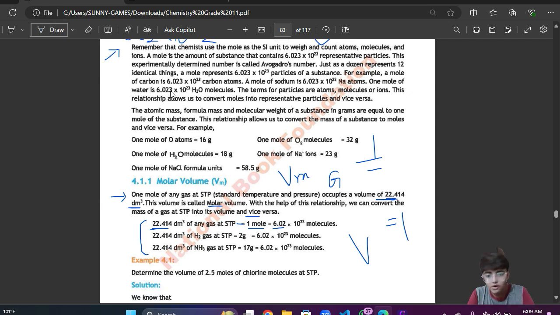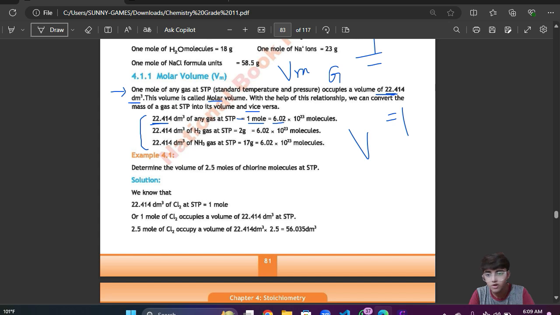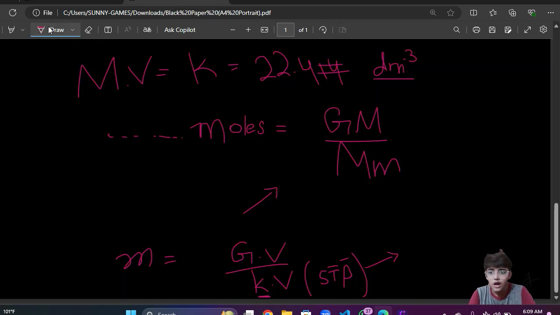Now, how to find moles in terms of STP? I've just told you the formula till now. Now let's apply it.